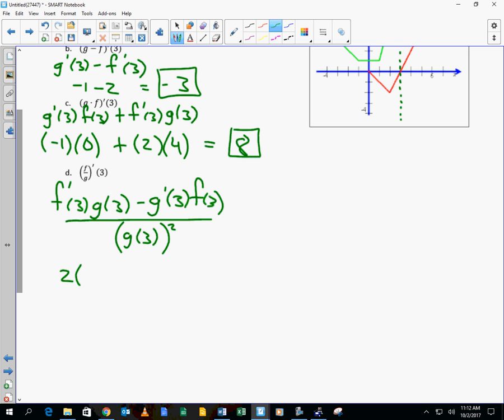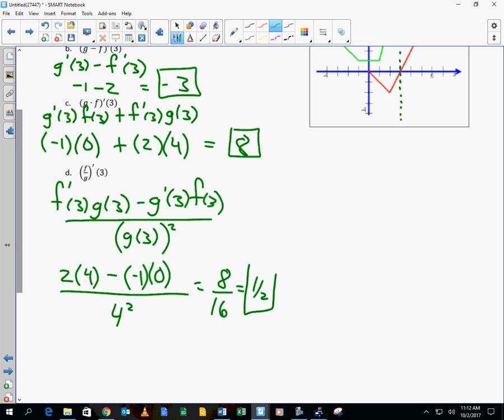G of 3 we said was 4. G prime of 3 we said was negative 1. And f of 3 we said was 0. And what was g of 3? 4, and we square it. We get 8 over 16, which is a half.